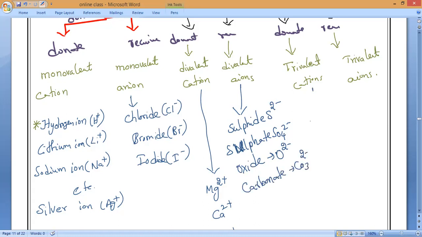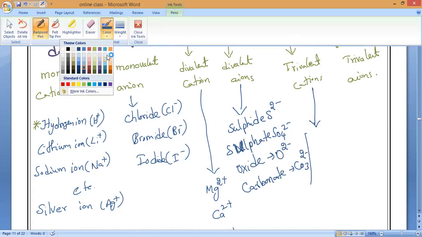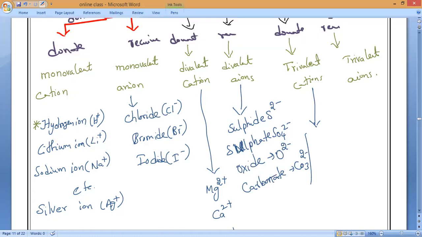Next, trivalent cations, fastly. Aluminium, Al3 plus, and ferric, Fe3 plus.